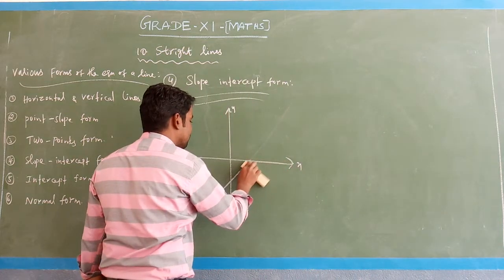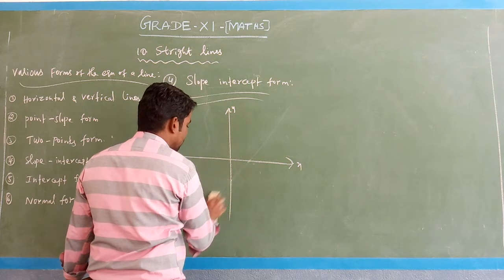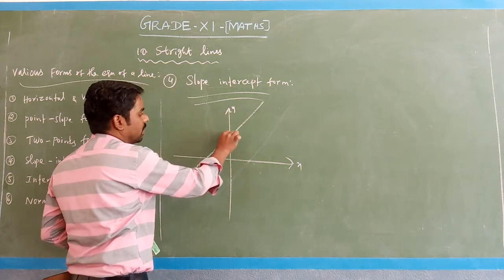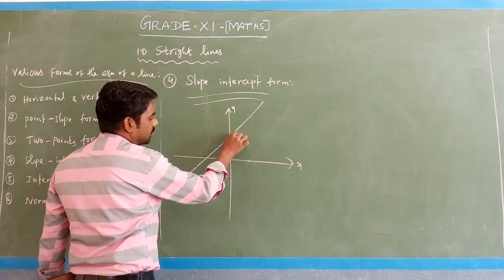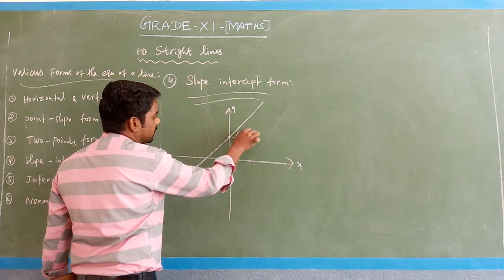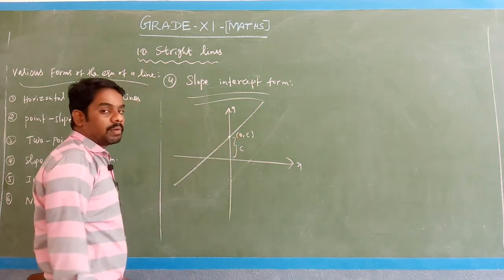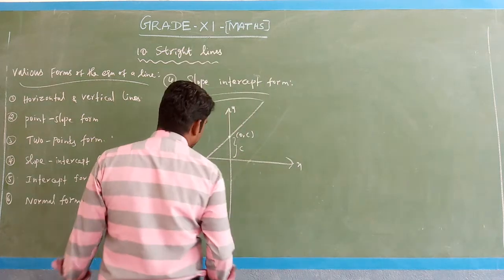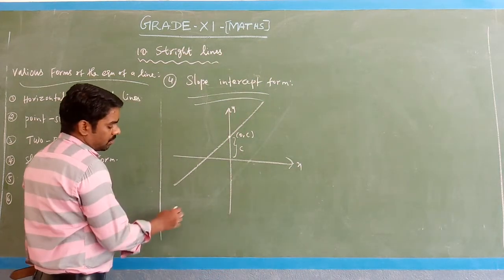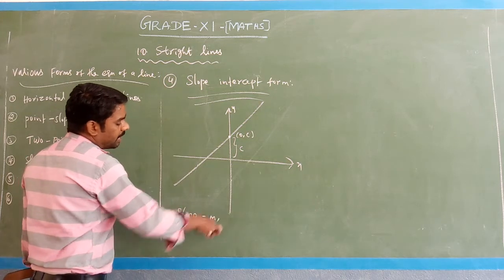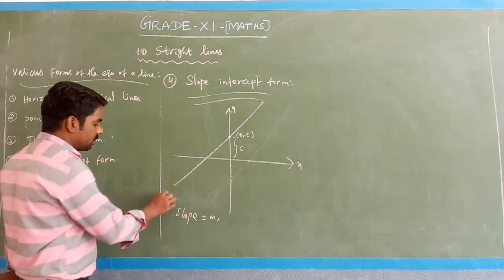This line cuts the y-axis at a distance c from the origin, so the point is 0 comma c. The slope of this line is m. Case 1.